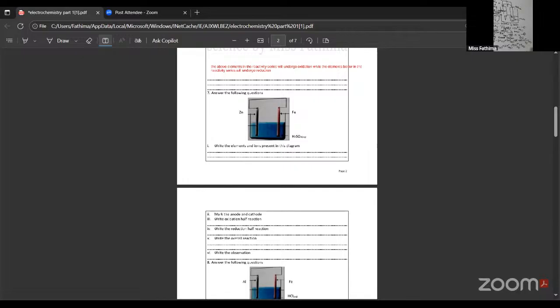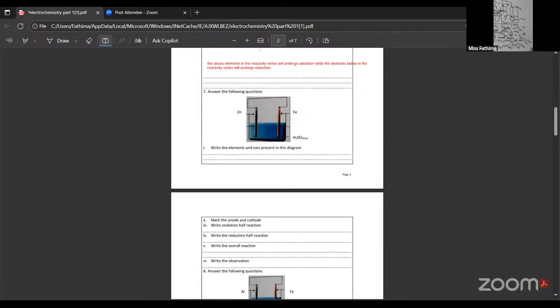Do it, children. This is for your own good, as I told you. And on the corner of the paper, write the reactivity series and mark all the ions and elements. Then box them. Then show this is oxidation and this is reduction, as I did it on the board. So do something like that, so you will understand better when you refer to the tube.